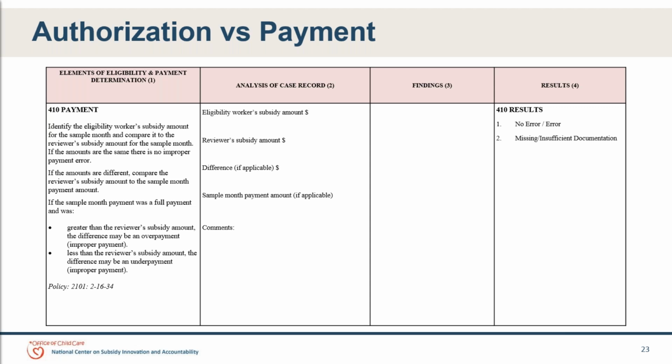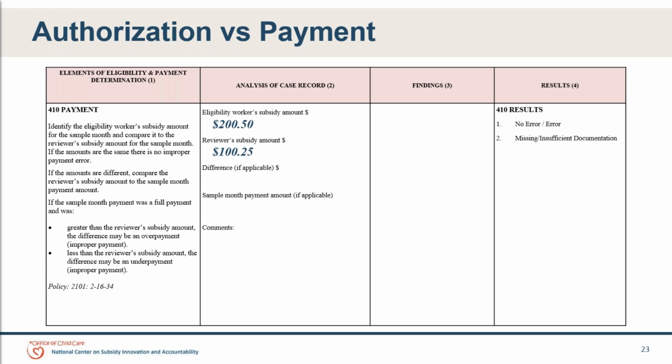So looking at element 410, we'll start with the eligibility worker subsidy amount. Again, the amount that was authorized by the lead agency, the eligibility worker, and that was $200.50. Now the reviewer subsidy amount, the amount that the reviewer says the lead agency should have authorized, is different here. It was $100.25.